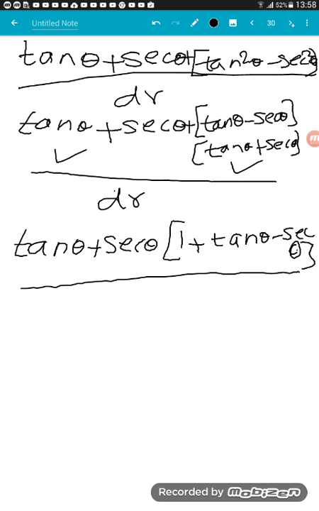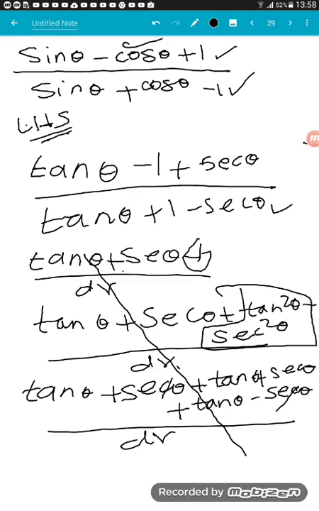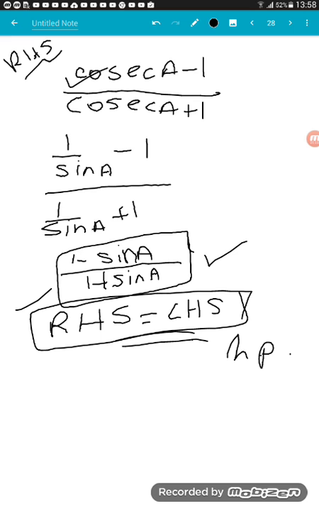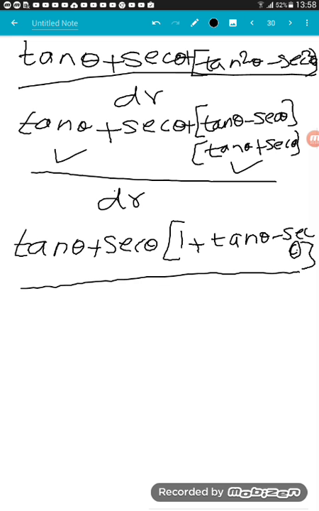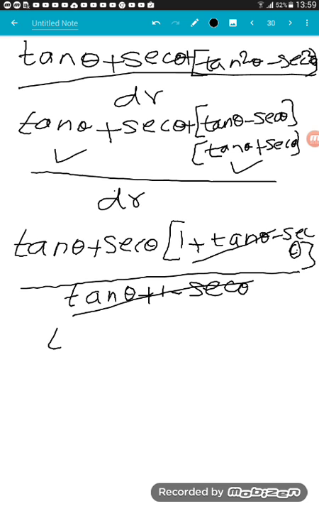It is nothing but tan theta plus 1 minus sec theta. We can cancel this. So what is left is tan theta plus sec theta. So we got this, and it is written 1 by sec theta minus tan theta.